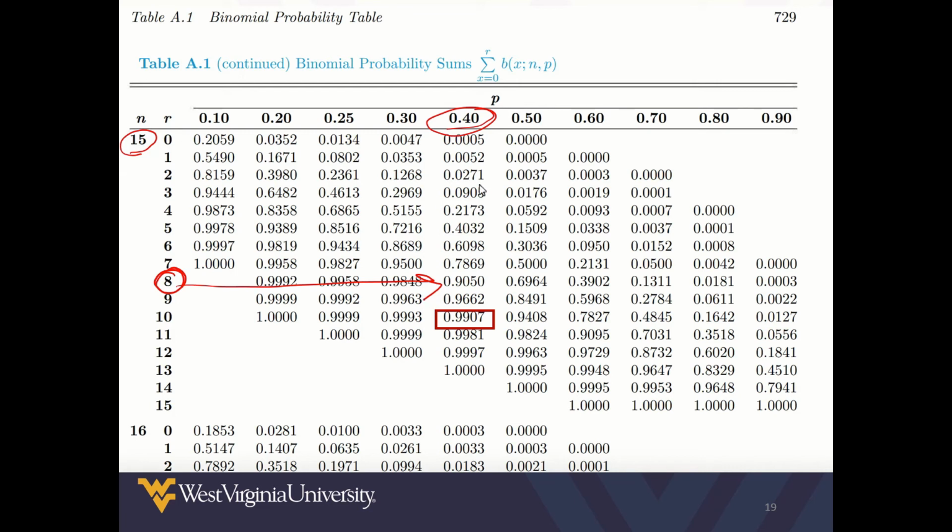And really what we wanted was from 3 to 8. So we need to subtract off that probability of x less than or equal to 2, which is 0.0271.